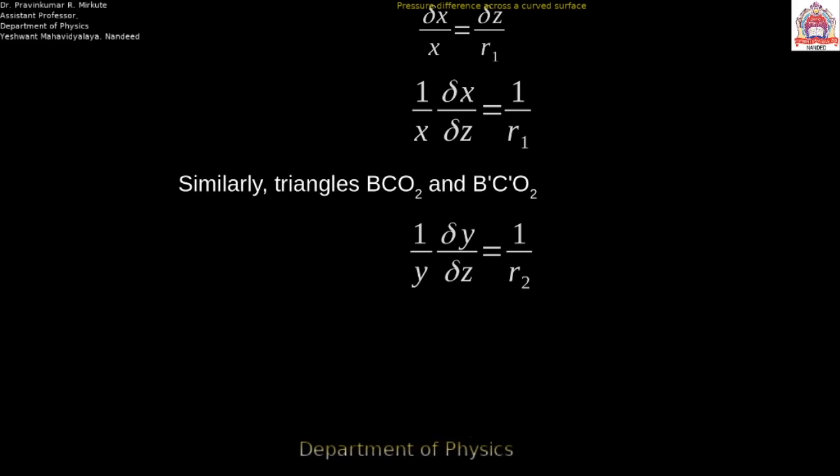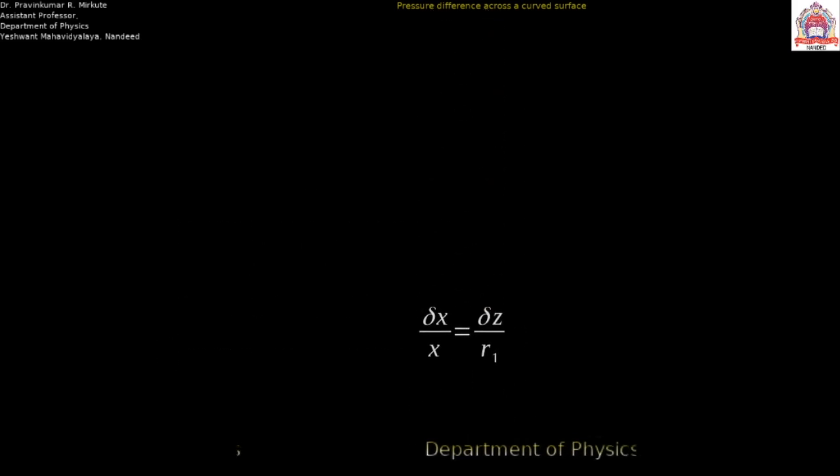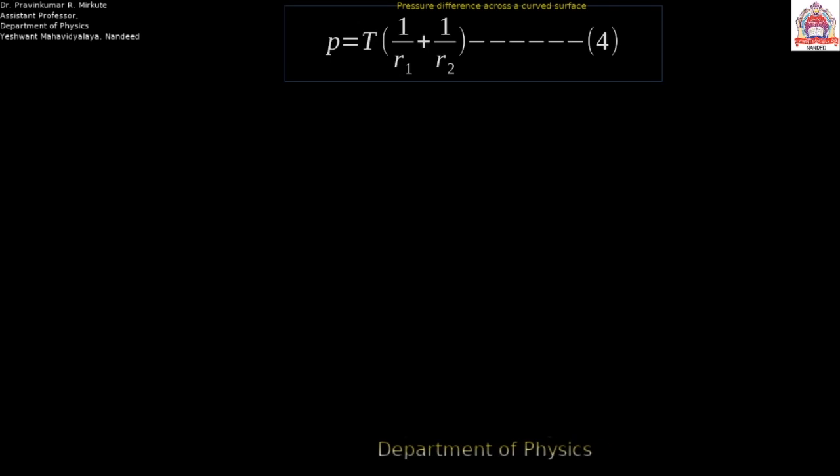These two values, 1 by R1 and 1 by R2, we substitute in equation 3. So we get the excess pressure is equal to T into (1 by R1 plus 1 by R2).